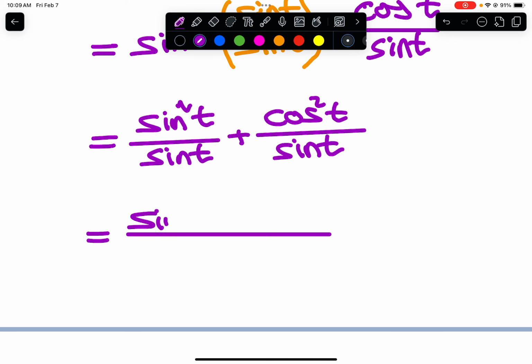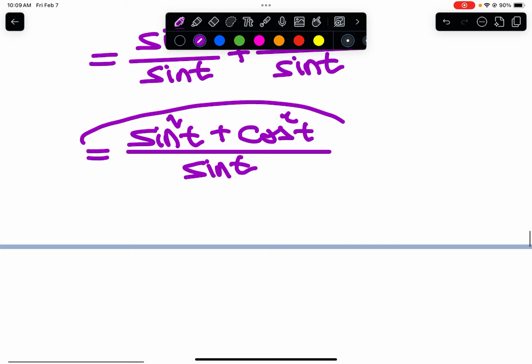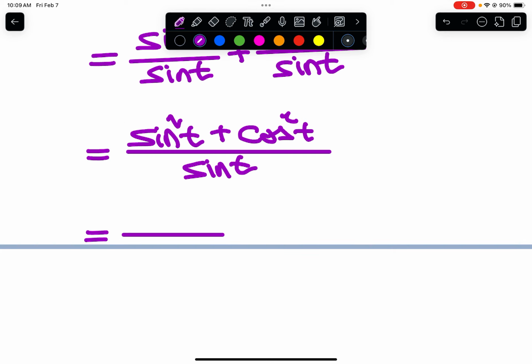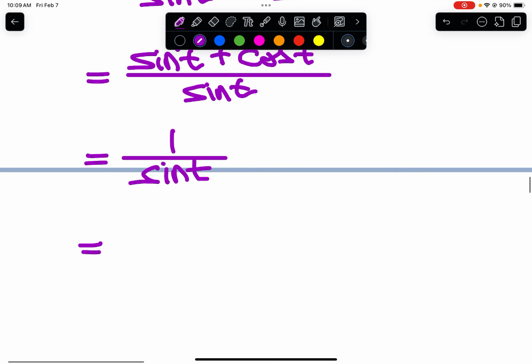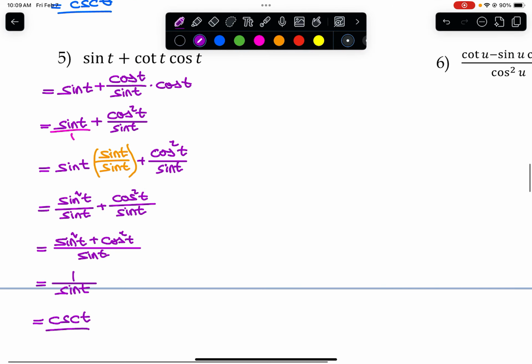So now I have sine squared t plus cosine squared t all over sine t. And then right here, this is Big Papa. So Big Papa is going to turn into just 1. So that's going to be 1 over sine t. Now 1 over sine t is the same as cosecant t. Ta-da!